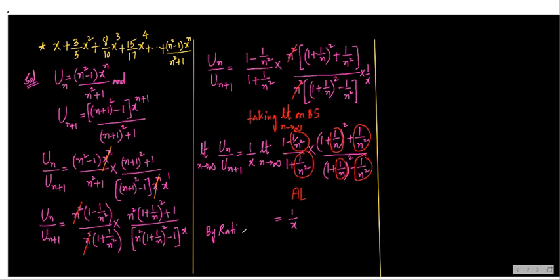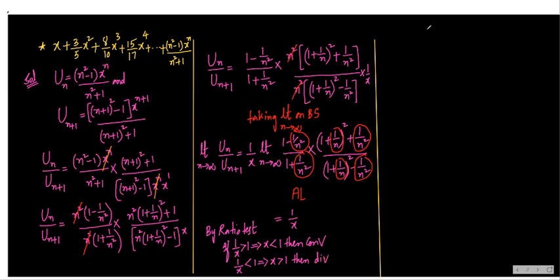Now write down the statement by ratio test. By ratio test, if 1 by x is greater than 1, which implies that x is less than 1, then it converges. If 1 by x is less than 1, which implies that x is greater than 1, then it diverges.